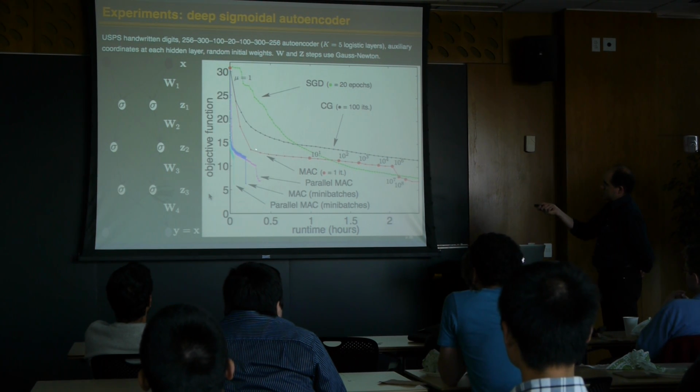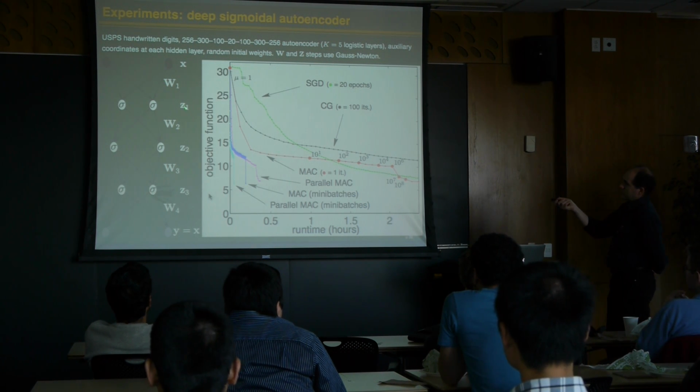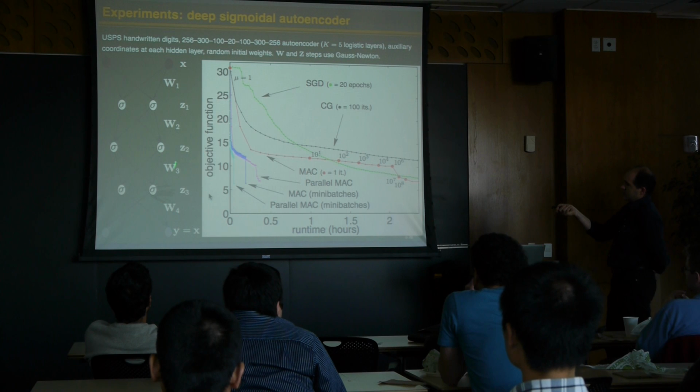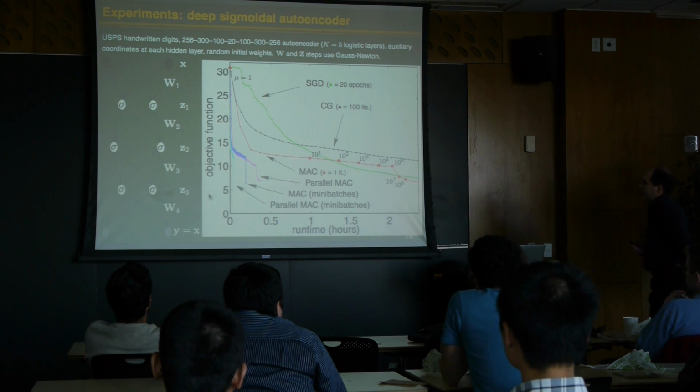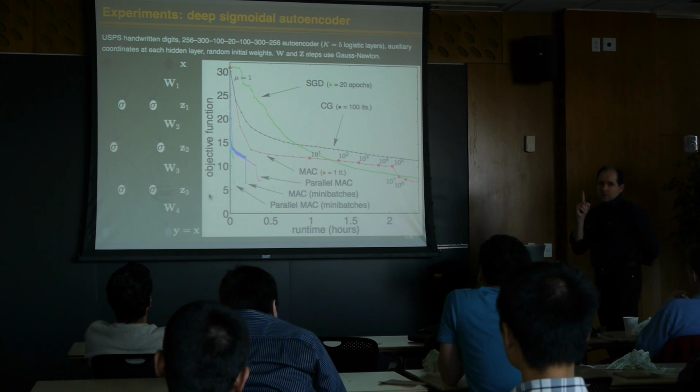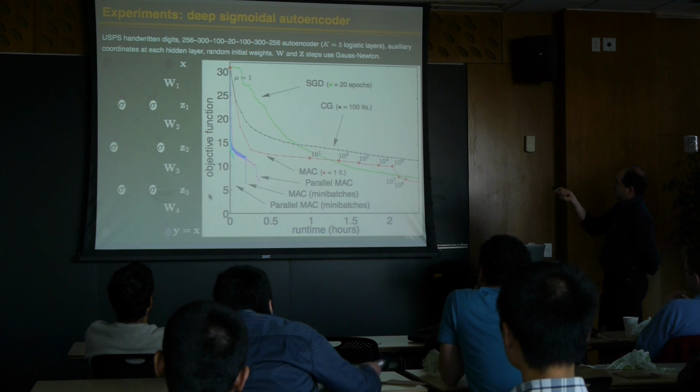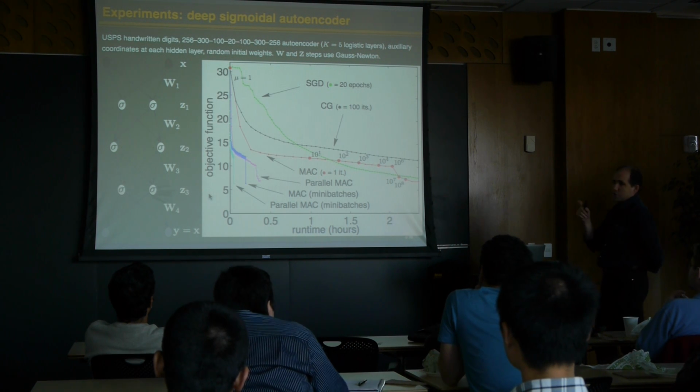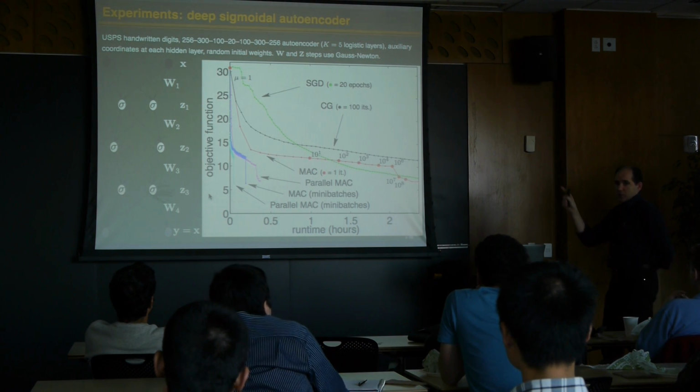The red curve here is what you get with this MAC algorithm, where I introduce auxiliary variables at each output of the sigmoids there. Okay, so the markers that you see here, in the MAC algorithm, each marker corresponds to one iteration, while for SGD, each marker corresponds to 20 passes over the whole data.